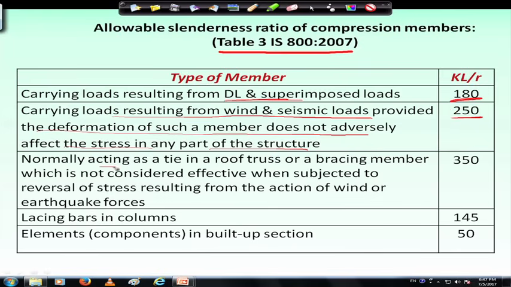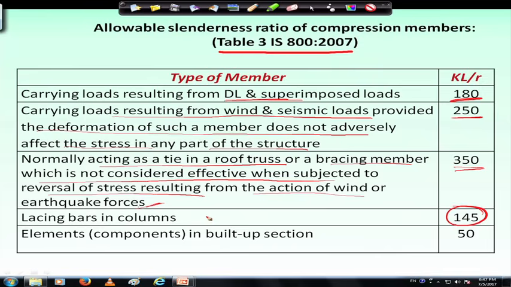Now, a member normally acting as a tie in a roof truss or a bracing member, which is not considered effective when subjected to reversal of stress resulting from the action of wind or earthquake forces, can be made 350. So, the allowable slenderness ratio will become 350. Similarly, for lacing bars in a column it will be 145. When built-up sections are used, then the lacing bars have to be designed.